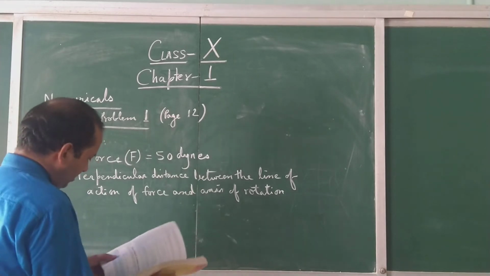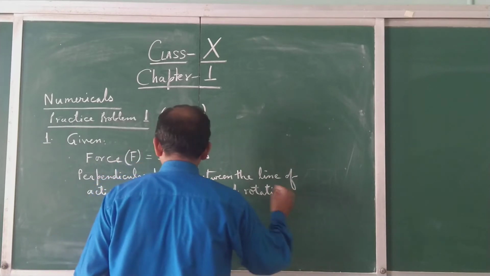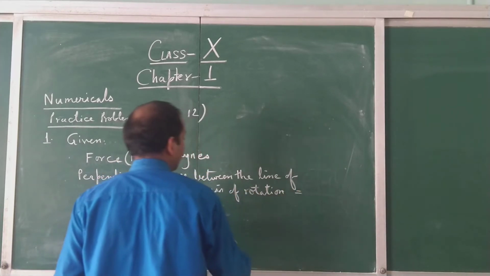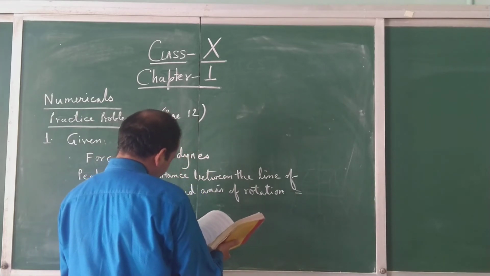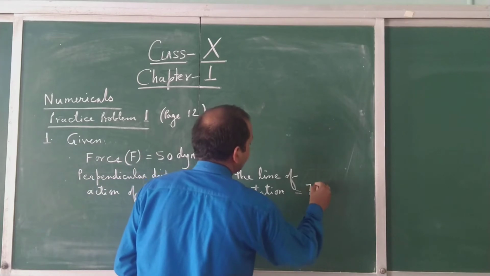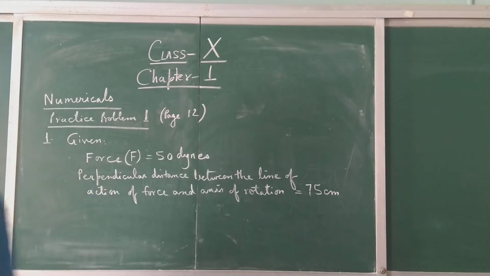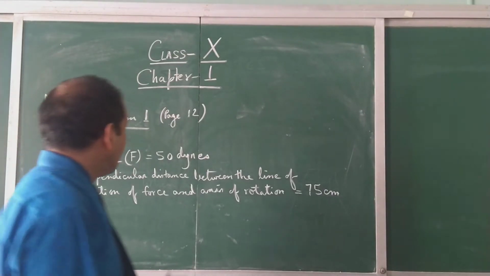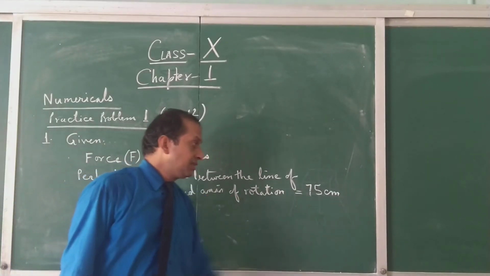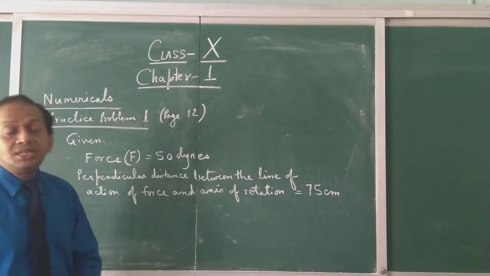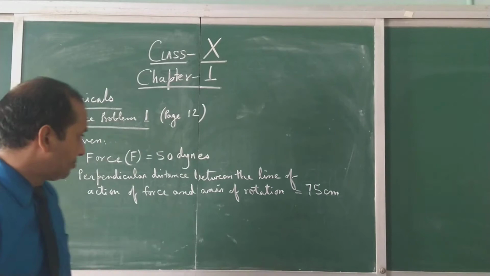It is given here, 75 centimeter. So we can see that the times and centimeter are all in the CGS system. Therefore our answer will also be in the CGS system.